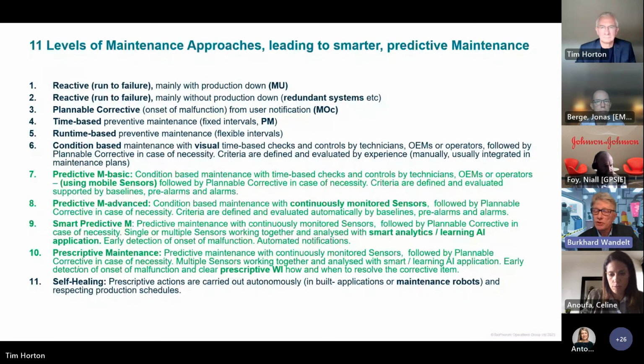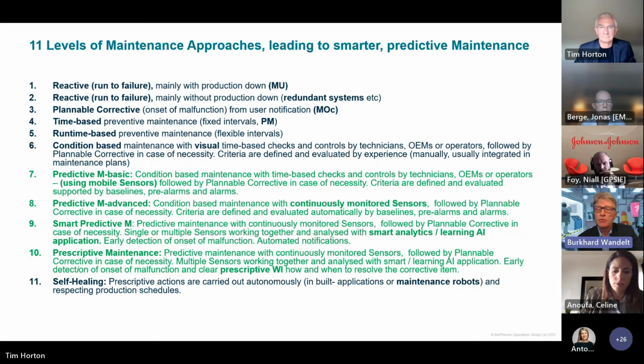You don't have a rigid schedule, but one that's based on the hourly, daily or monthly use of the equipment. Number 6 is condition-based maintenance in the sense that there is a visual check and control by a technician. We are looking at the status, but we don't have a sensor to tell us what the state is. It's still a human judgment.